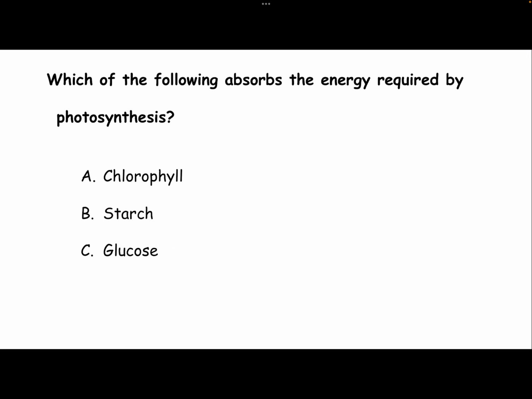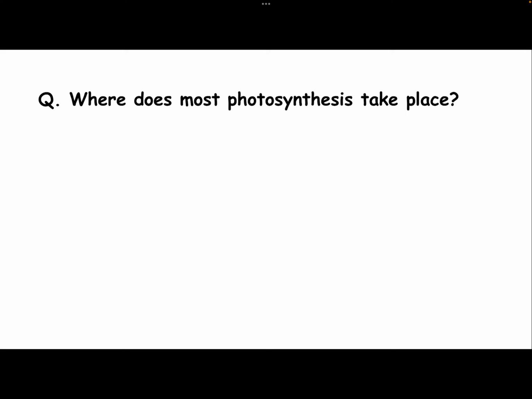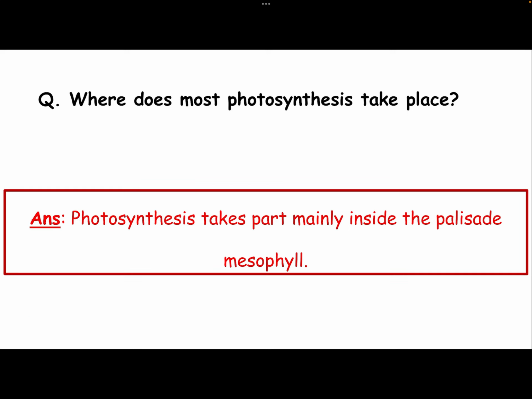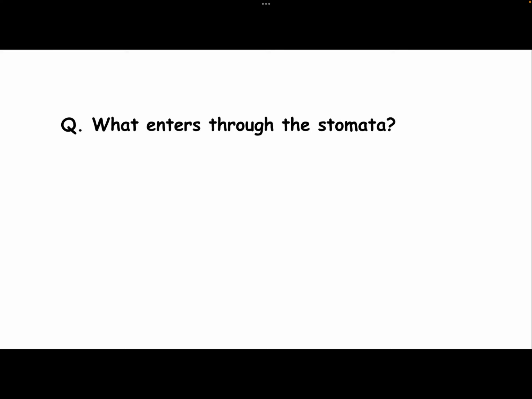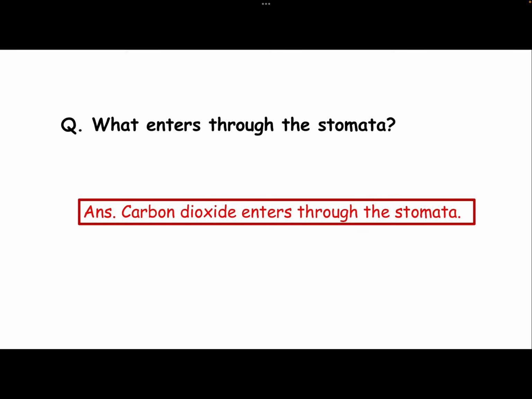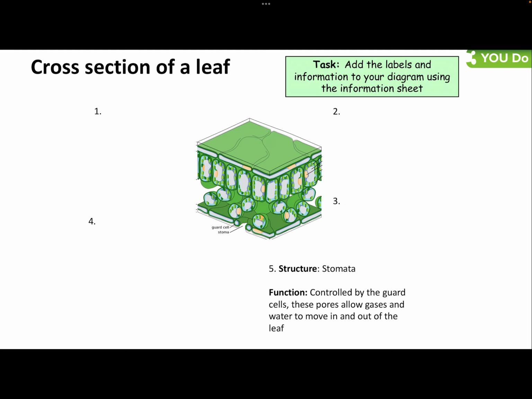Which of the following absorbs energy required? That's chlorophyll. Where does most photosynthesis take place? It takes place in the palisade mesophyll, in the leaves of the plant. What enters through the stomata? Carbon dioxide. All right, and now here you have a cross-section of a leaf.